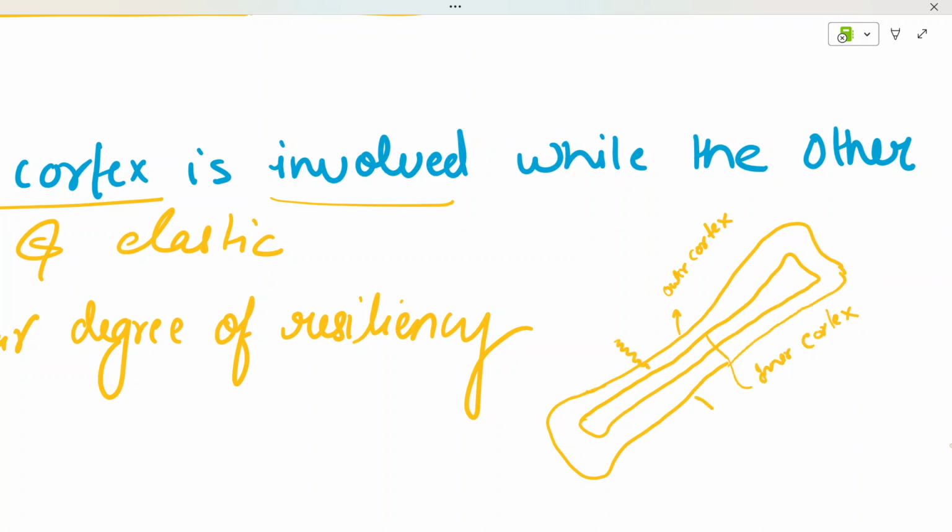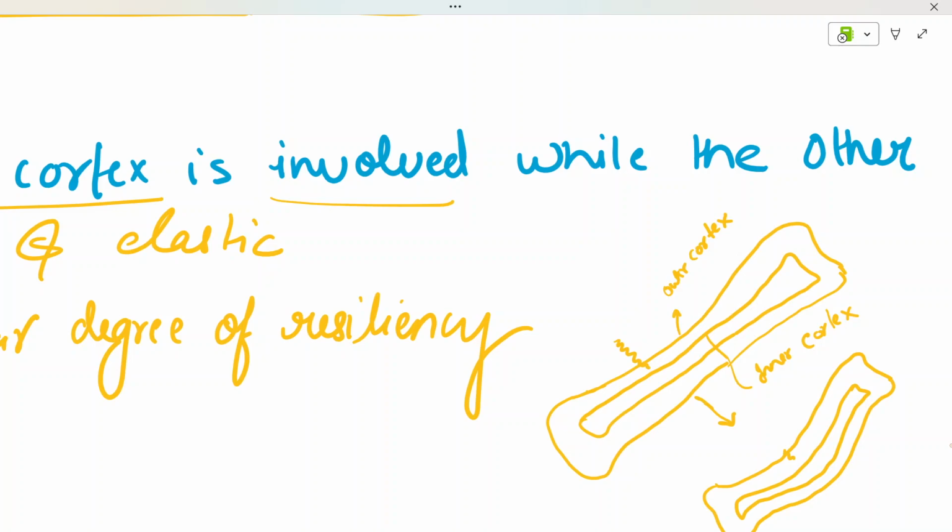Sorry for the handwriting. The fracture line involves only the outer cortex and it is not involving the inner cortex, because of which the bone will show bending. It will bend like this. It will not be fractured through, but just bent. So this type of fracture is known as greenstick fracture.